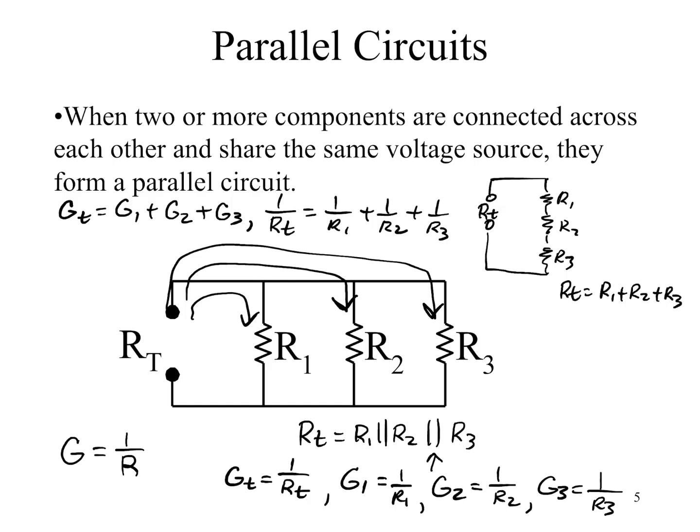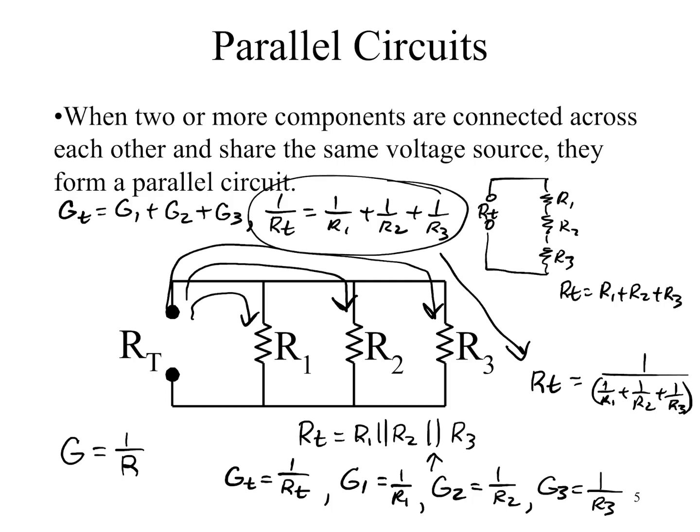Now, if I want to make all of this represent R total on its own, I have to take all of what I have there and put it 1 over. All we did was transpose this equation to give us that.